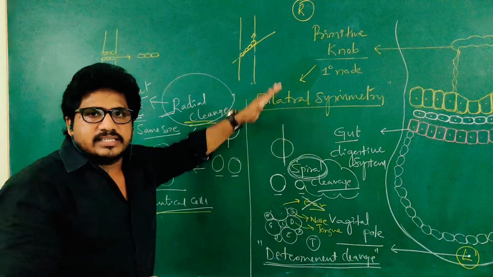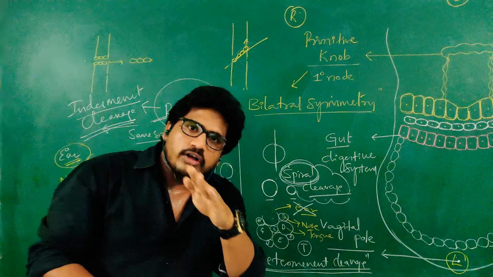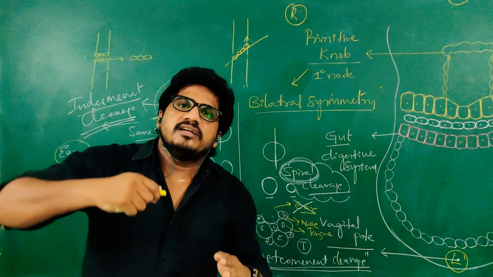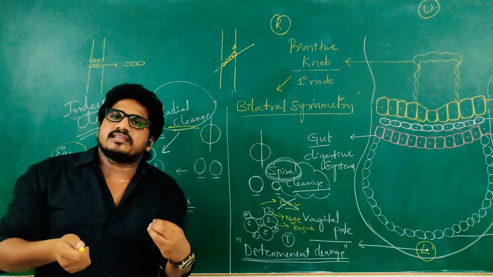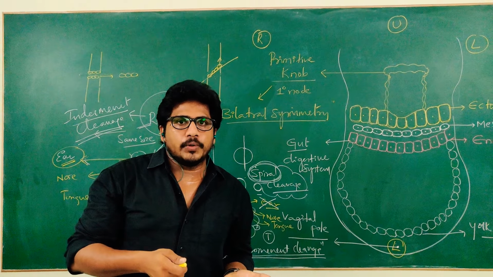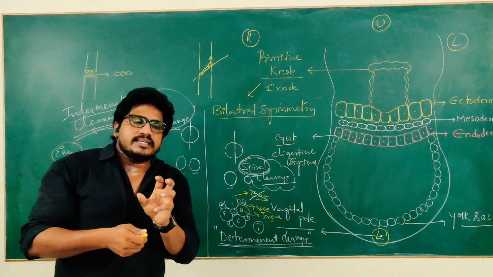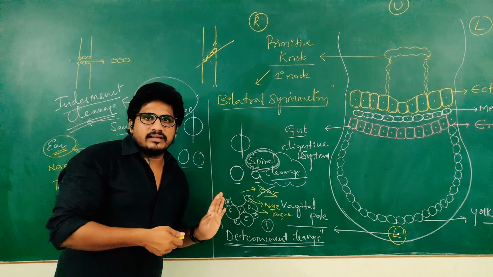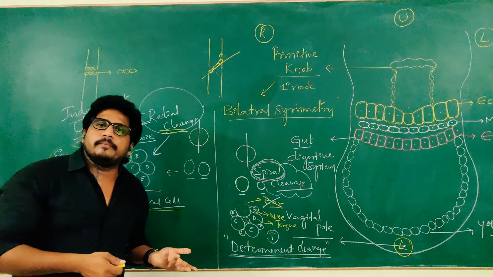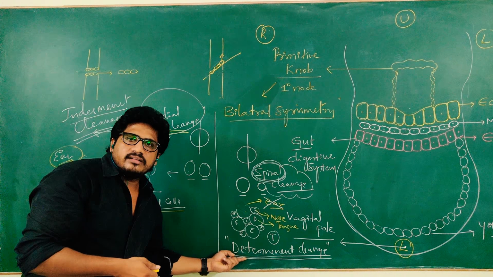So spiral cleavage is nothing but a cross cleavage. In the cross cleavage, one side of the cell grows faster and bigger, and the other cell follows very slowly. So that's the result. Two different types of cells physically happen, and their functions also will be determinate.